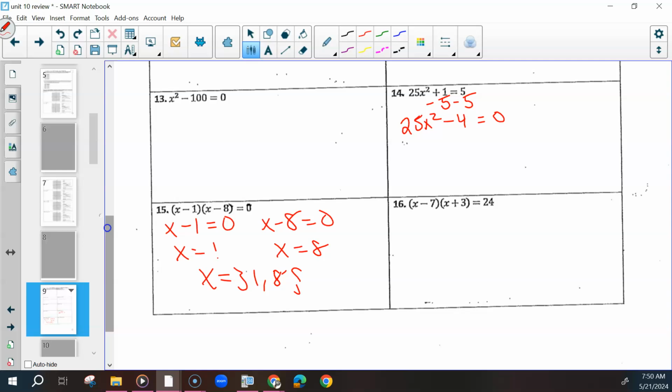And then see if we can factor this. Can we factor this? And using what? Difference of squares, yeah. So what would those two factors be if I split that?